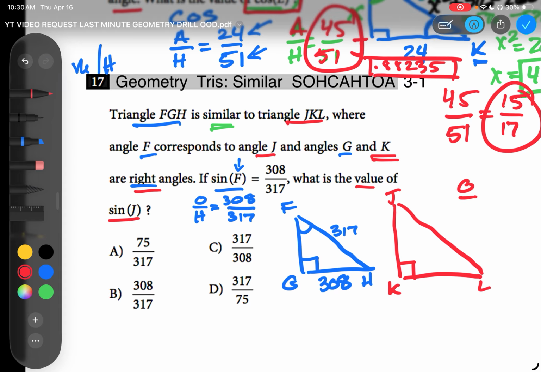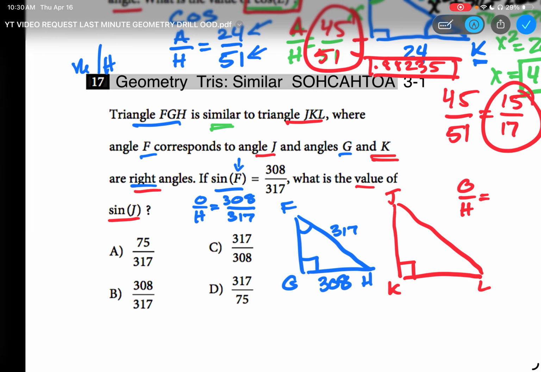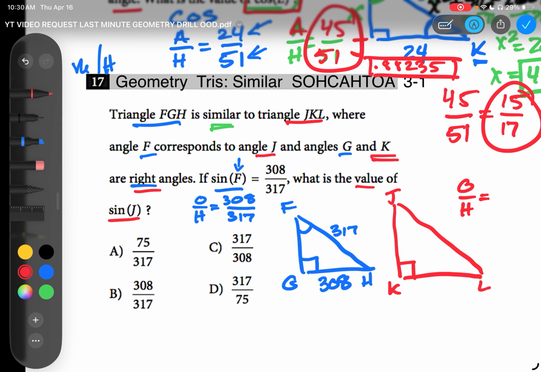SOHCAHTOA: opposite over hypotenuse. Wait a minute. If the sine of F is this guy right there, the sine of J would have to pretty much be the same, right? It's got to be the same. It's going to be 308 over 317. And B is your answer.